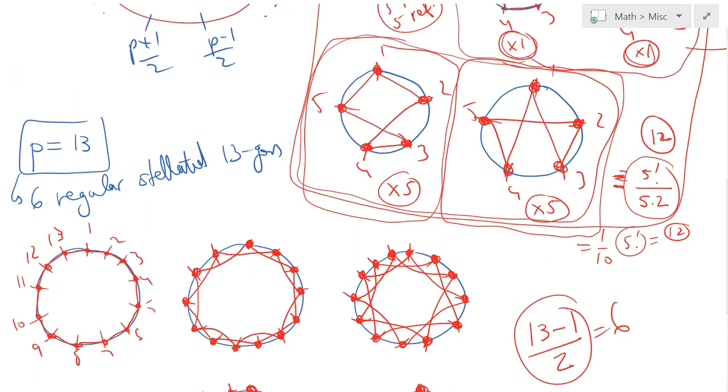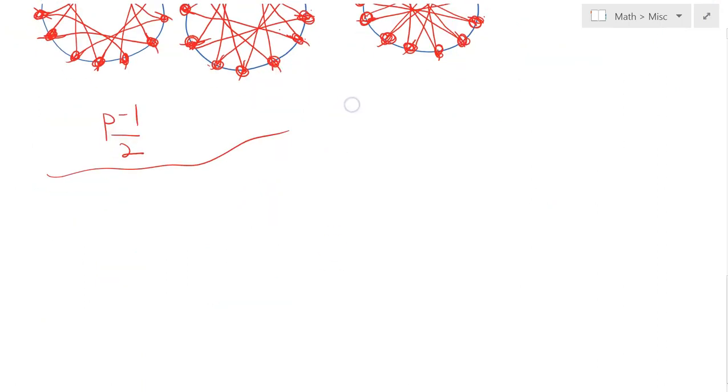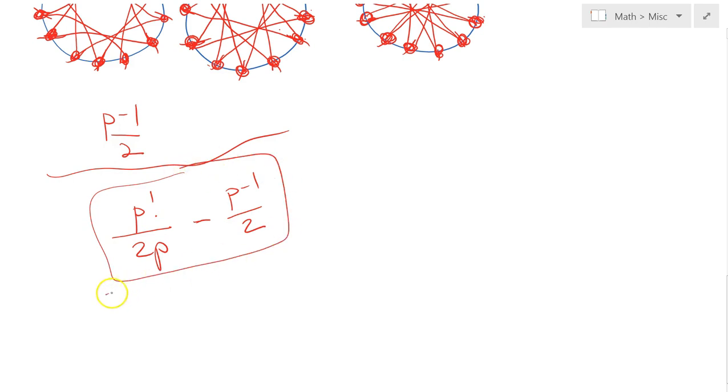So long story short, of the total p factorial over 2p stellated p-gons, if you remove the regular stellated p-gons, which is just (p minus 1) over 2 of them, the remaining ones will naturally fall into groups, right?